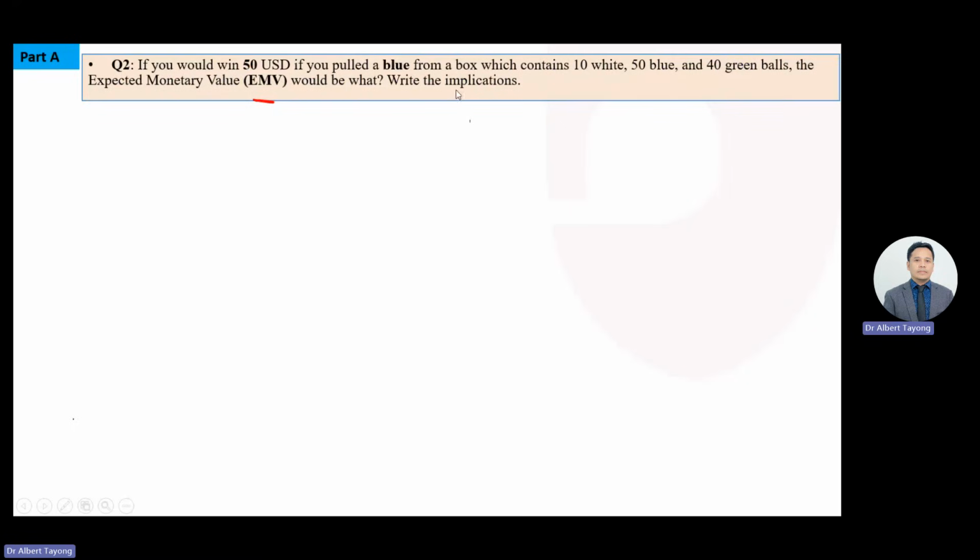And write the implications. So the first step is to note down the formula. The formula is the summation of the product of these two: P of an event, that means the probability, multiplied by the monetary value of that event, or the MV.